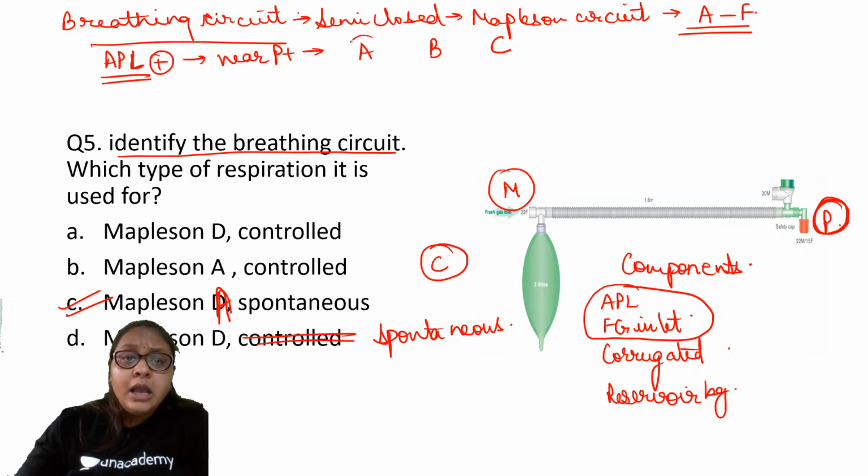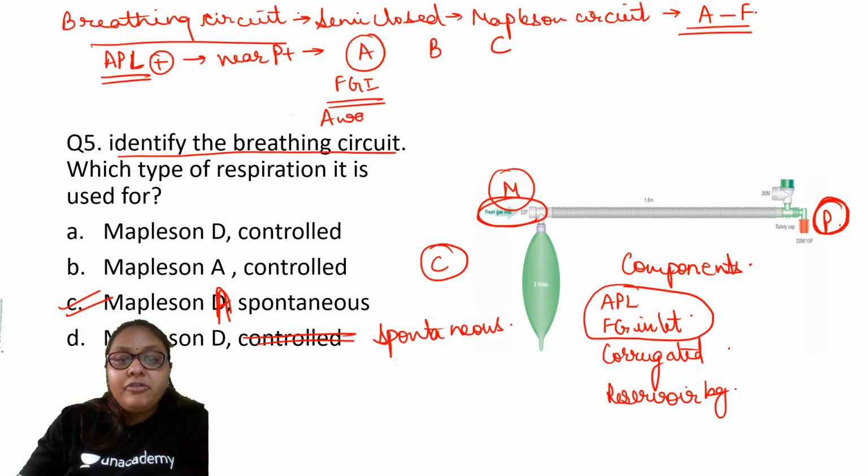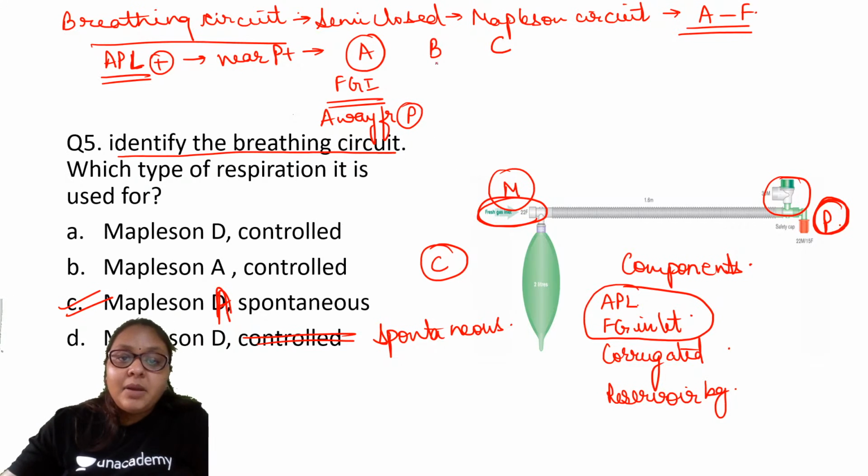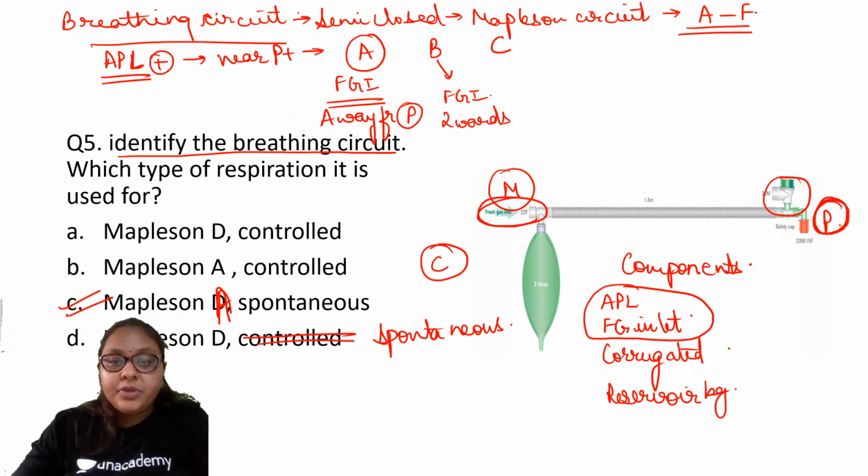Now, in A type, the fresh gas inlet is present away from the patient, and therefore the APL valve is present towards the patient and the fresh gas inlet is present away from the patient. That means it is Mapleson type A. In Mapleson type B, the fresh gas inlet is also present towards the patient.